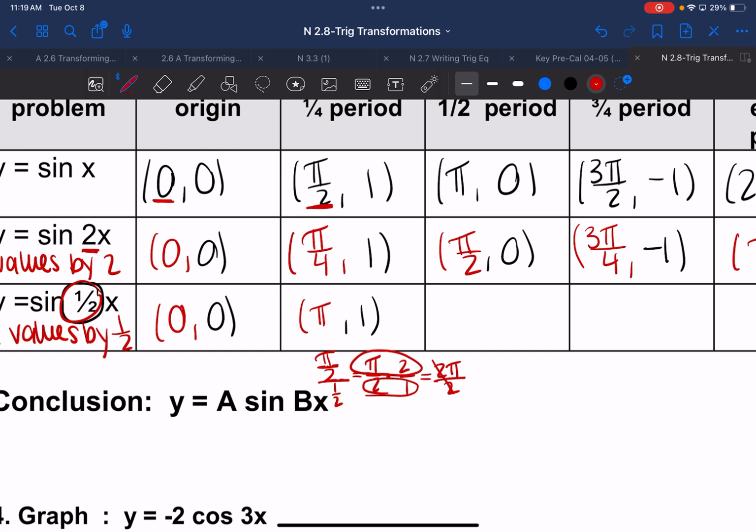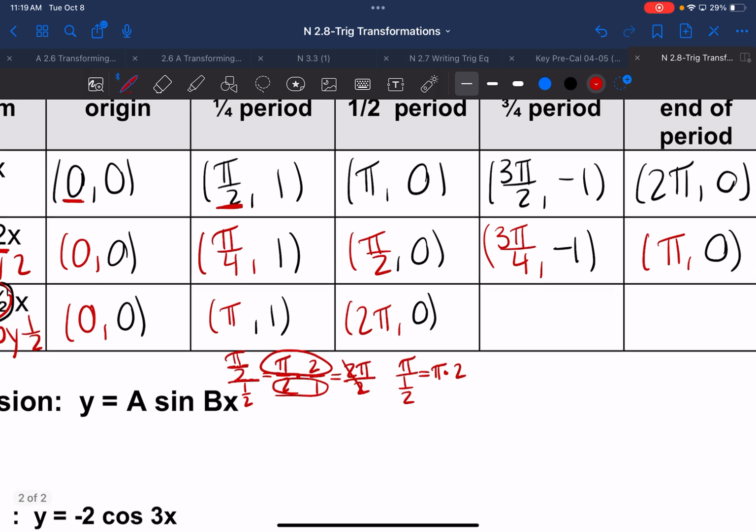Okay? Same thing here. I'm going to take my pi, and I'm supposed to divide by 1/2. So really, I'm supposed to be multiplying pi by 2, which would give us 2 pi. And I don't change that y value. All right, then we got 3 pi fourths divided by 1/2. So really, I'm multiplying 3 pi fourths by 2.